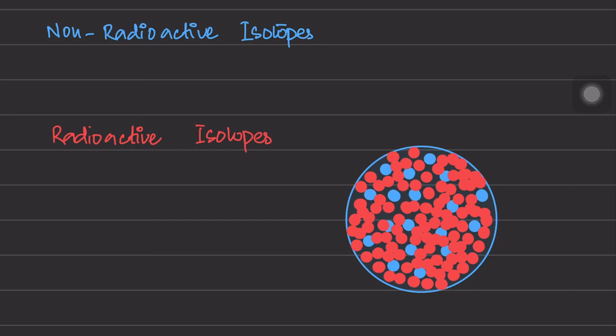So they're stable, they're not going to kick anyone out. They're happy where they are. Radioactive isotopes, on the other hand, are the unstable ones. There are a lot of protons, and they just don't want to be together. They would rather kick some of those guys out.